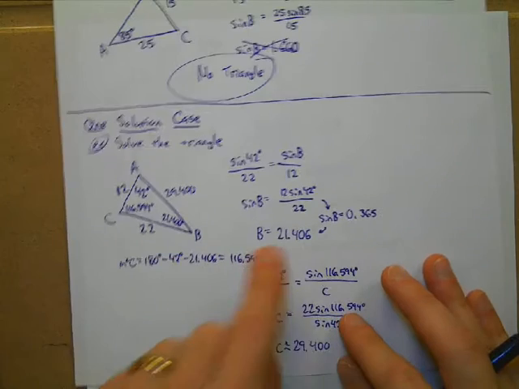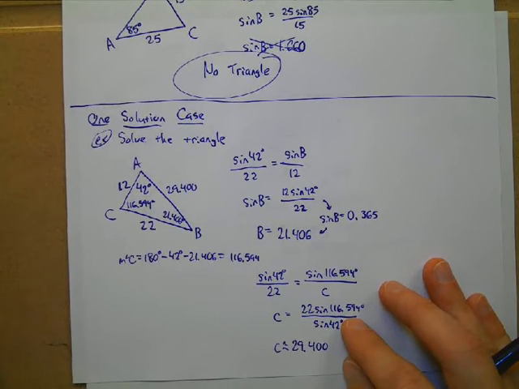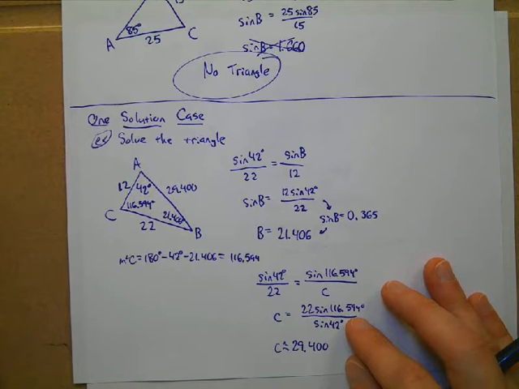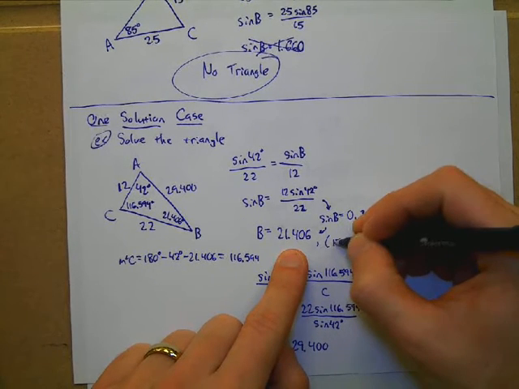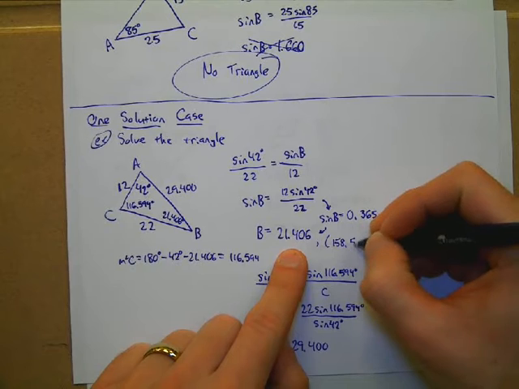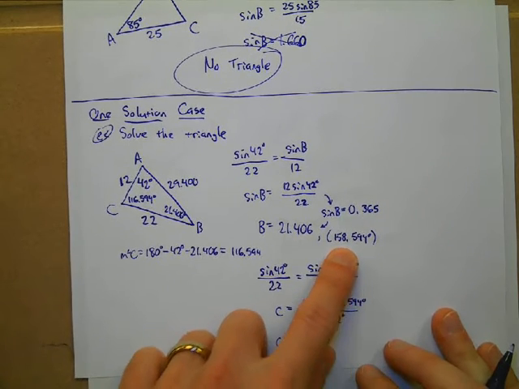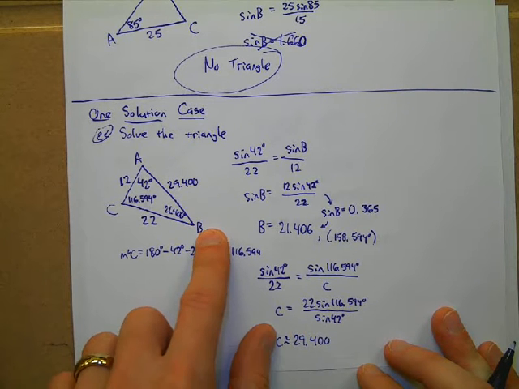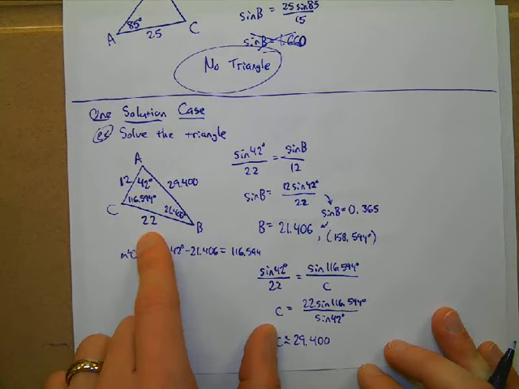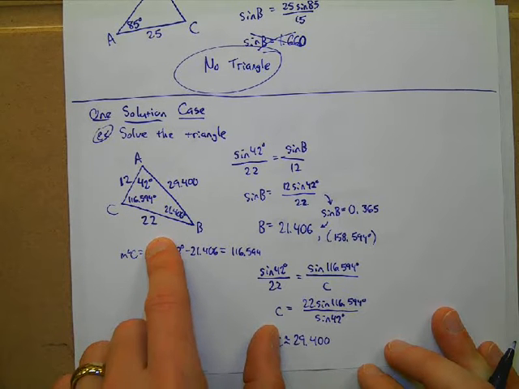But angle B is opposite the smallest side. If angle A is 42 degrees and it's opposite the 22, it would not make sense for angle B to be 158. That would be too big. You'd be saying a bigger angle, 158, is opposite the smaller side. That doesn't make sense, so there is only the one solution, the one angle, 21.406.